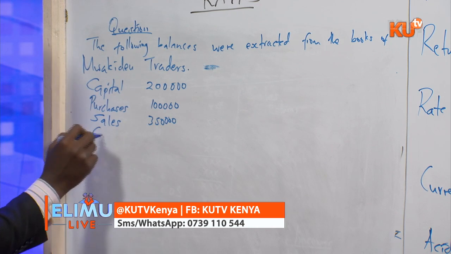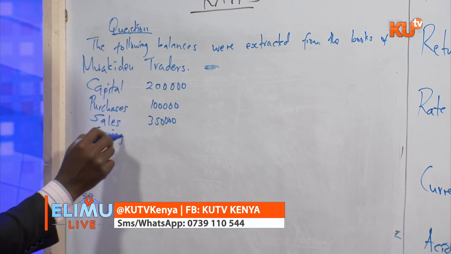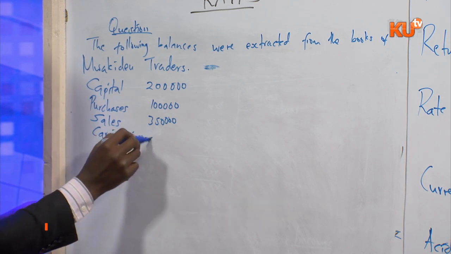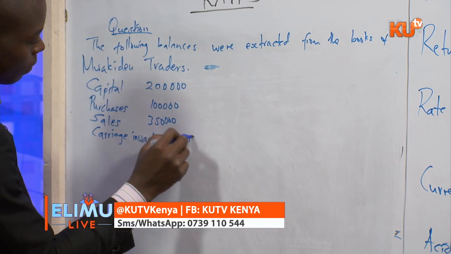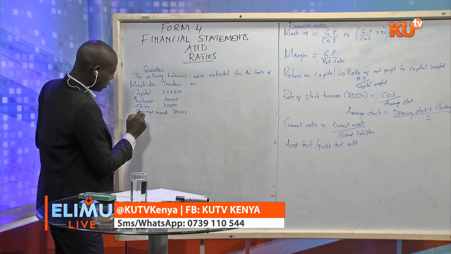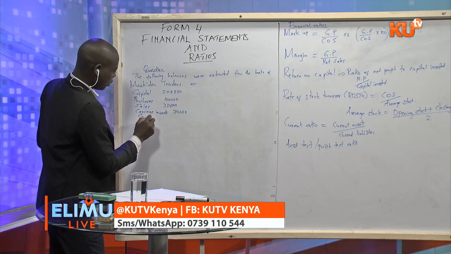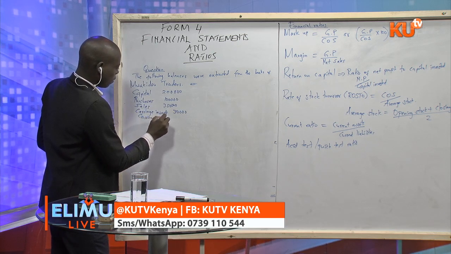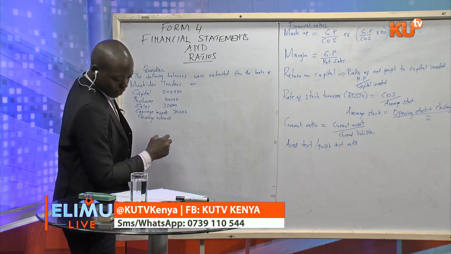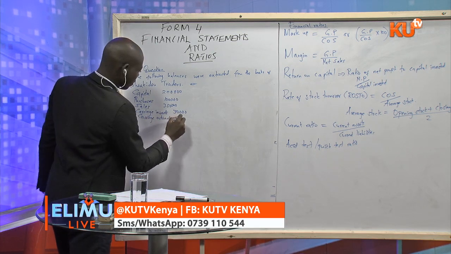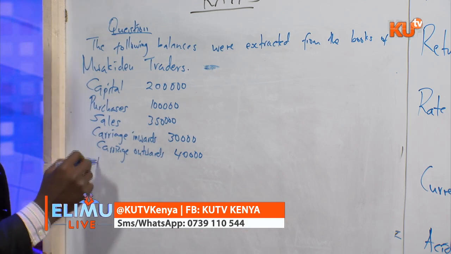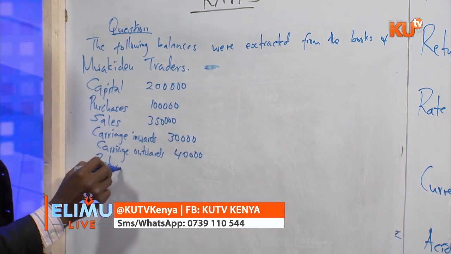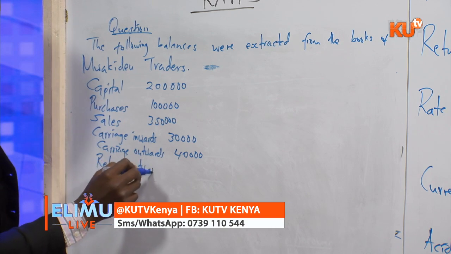We have carriage inwards given as 30,000. We have carriage outward given as 40,000. We have returns outward.